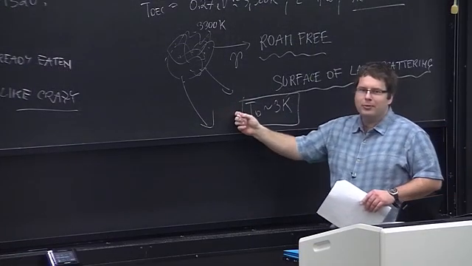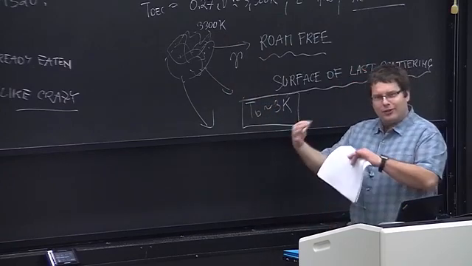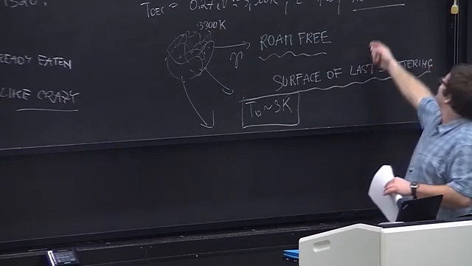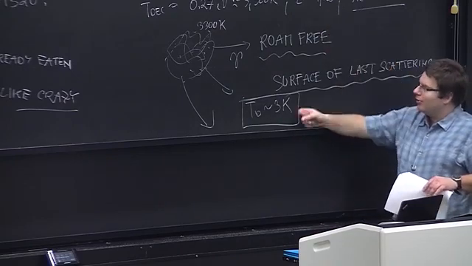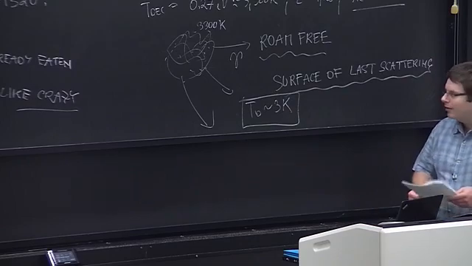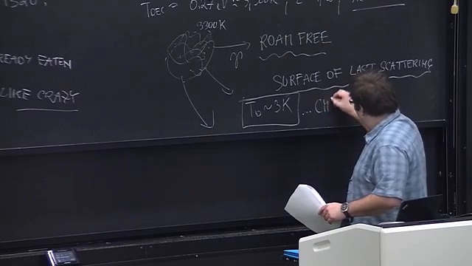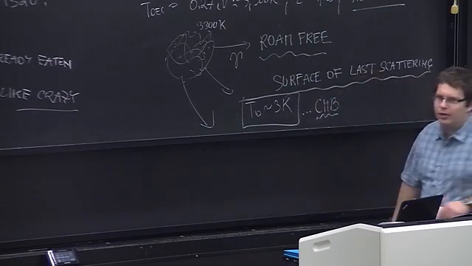So that's the remaining temperature of this 3,300 Kelvin when this happened at redshift 1100. So now the photons have approximately 3 Kelvin. And this is the CMB, cosmic microwave background radiation.